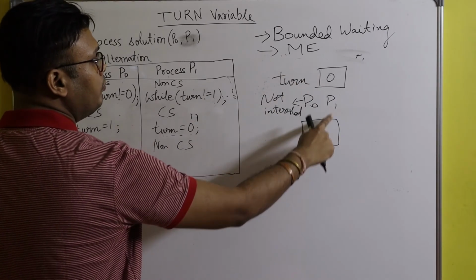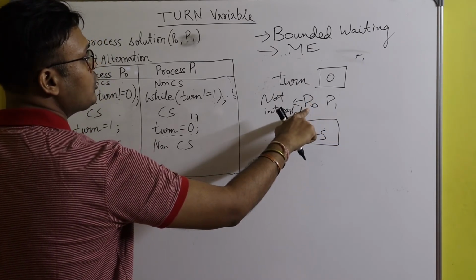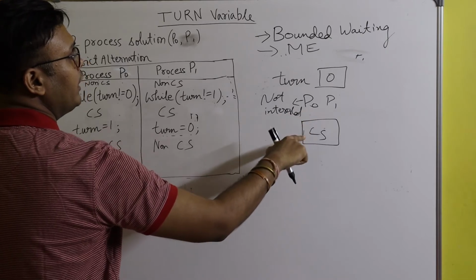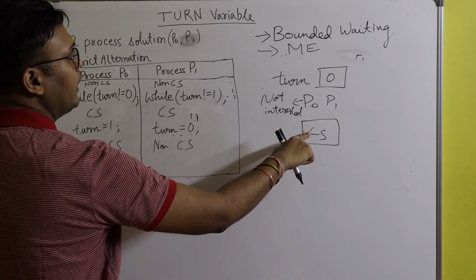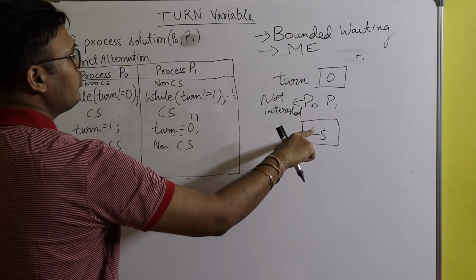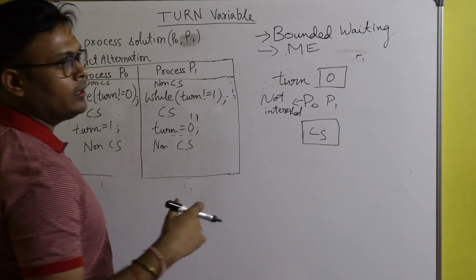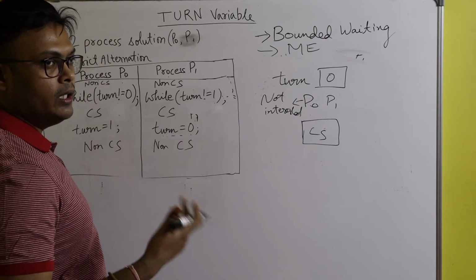The entry of P1 depends on whether P0 will enter or not, because only if P0 enters will it make the value of turn as 1 so that P1 can enter. Each process is dependent on the other.